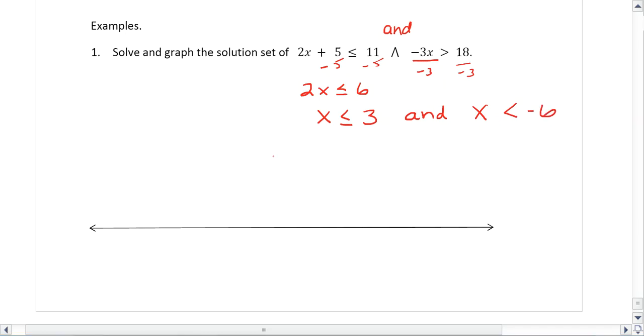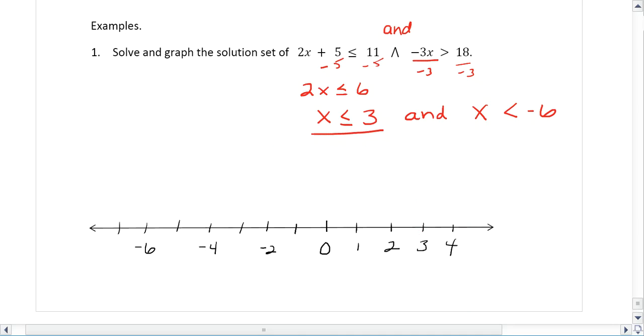Now to help us see the solution, we're going to graph these both on a number line and see where the two graphs intersect, or where they overlap, or where the solutions satisfy both of them at the same time. I'm going to graph this first inequality in red.